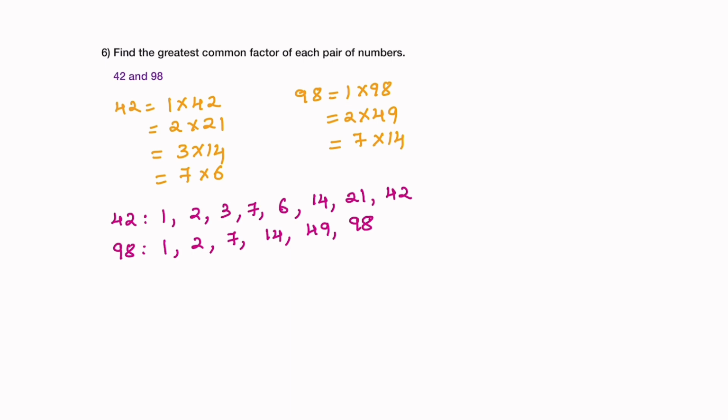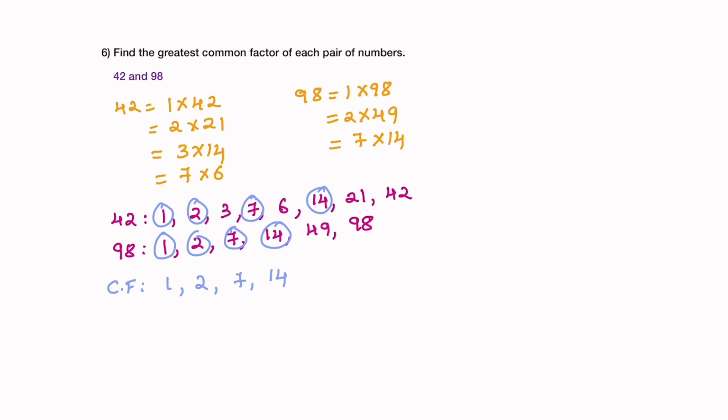Now let's circle the common factors. 1, 2, 7, 14. That's it. There are no more common factors. Now, of these common factors, let me just write that down. Common factors are 1, 2, 7, and 14.